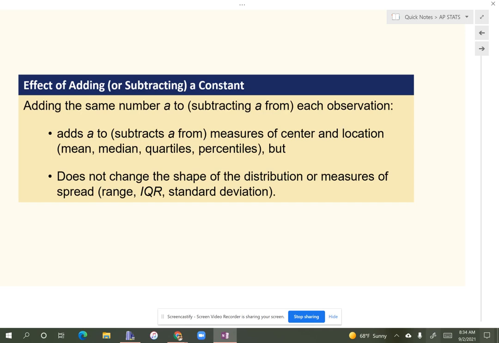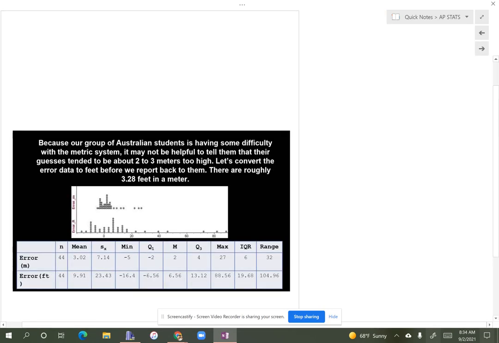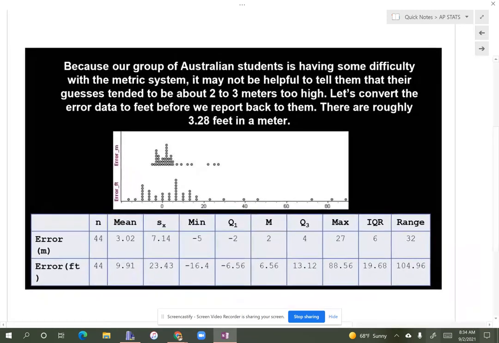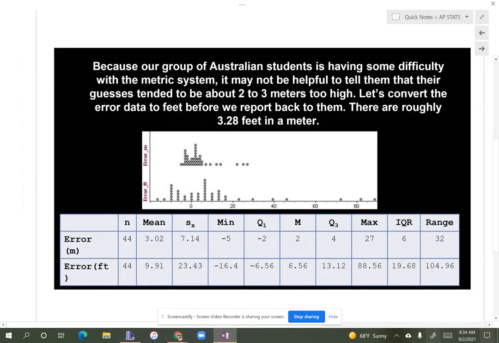The second thing, going back to this same example: just like us, the students probably don't understand meters very well, so it would not be helpful. It says, because the group of Australian students is having some difficulty with the metric system, it may not be helpful to tell them that their guesses tended to be about 2 to 3 meters too high. Let's convert the error data to feet before we report back to them.